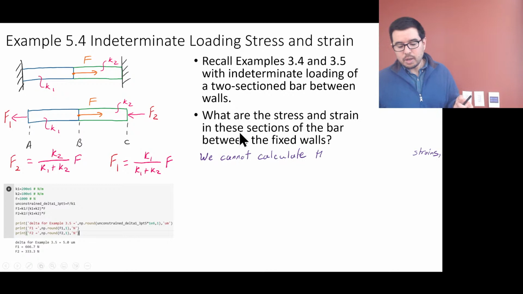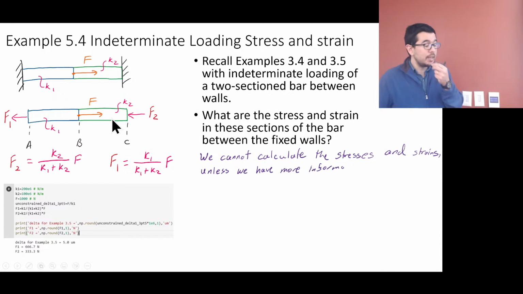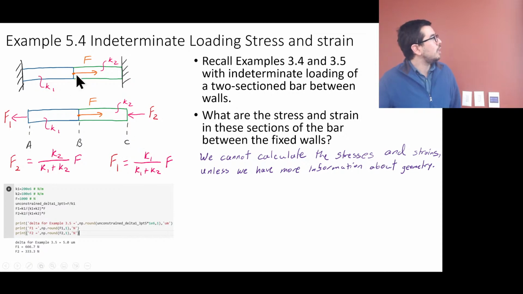So if we want stress and strain in these sections of the bar between the fixed walls, we can't do it unless we have a little bit more information. If you don't tell me what the cross-sectional area is here, I can't tell you what the stress is going to be.